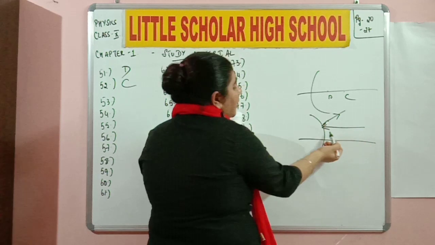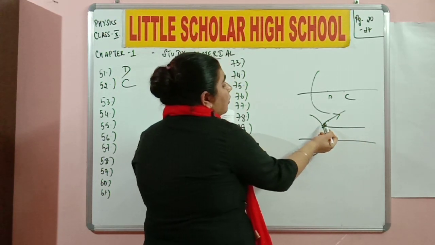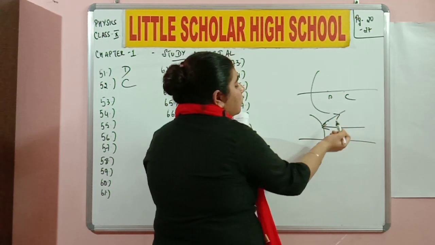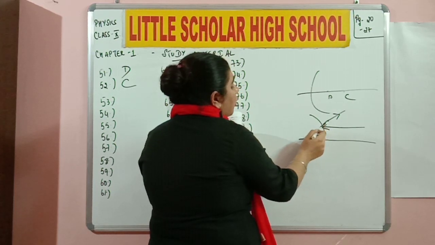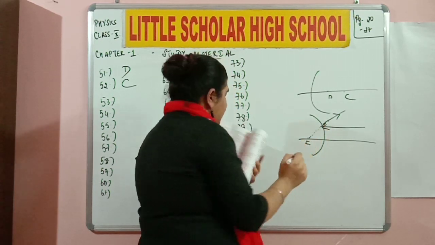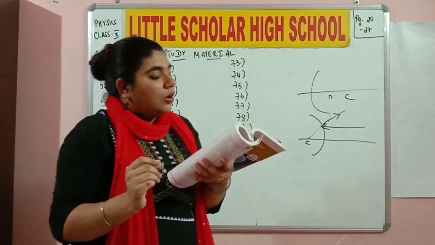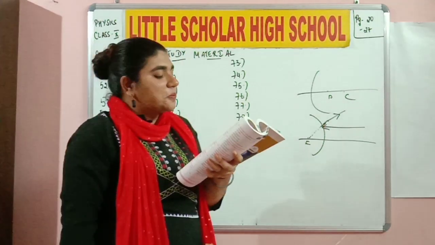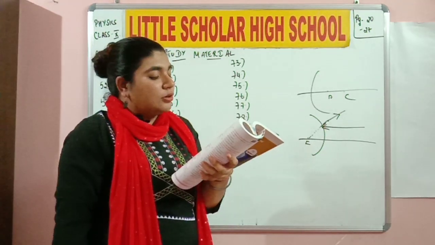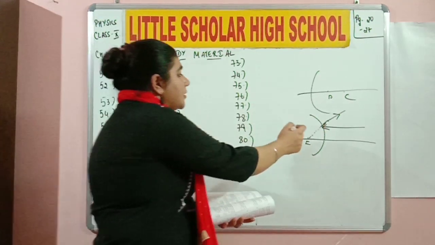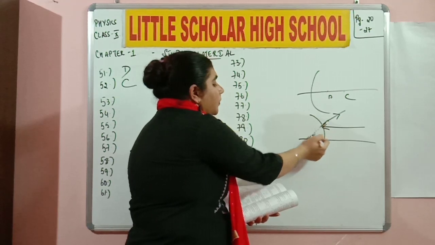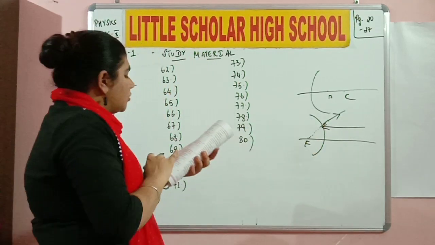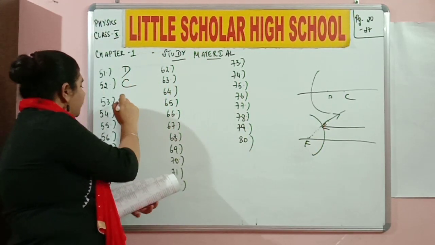The rays are going to reflect and diverge, and it's going to appear as if it is coming from the focus. That's what I know, so that's correct also. When parallel rays are incident on a convex mirror, after reflection they appear to come from the focal point. You can see the reflected ray appears to be coming from the focal point. So 53rd one is option B.